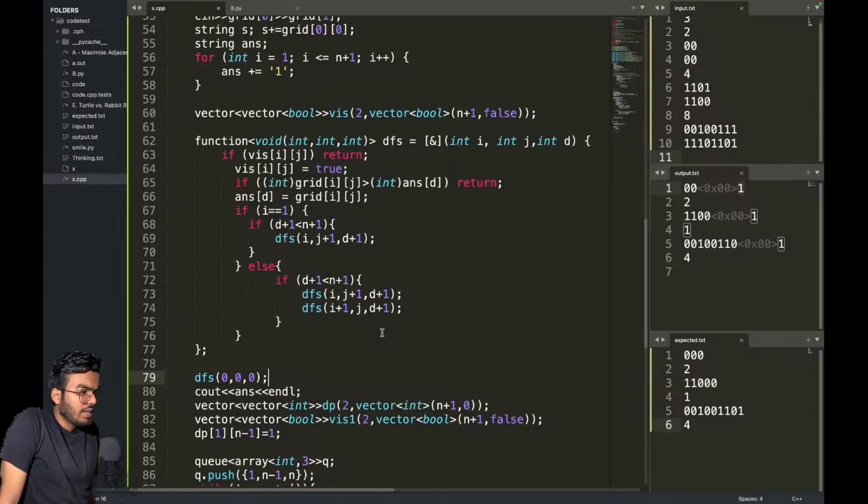Okay, if grid of ij is greater than grid of d, then doesn't matter, just do it. So answer of d is equal to this part, and if I equals 1 and d plus 1 is less than that.